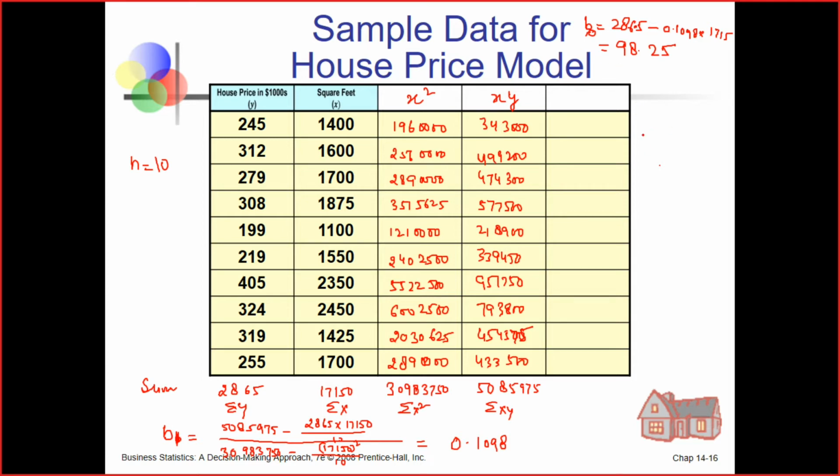Now we can easily represent the final answer as y cap. This is a linear line because they always ask you to create a linear line. For that you have to calculate the values of b1 and b0. So the actual linear equation is b0 plus b1 x. So if we put all these values, y cap is equal to b0, which is 98.25, plus the value of b1, 0.1098x.